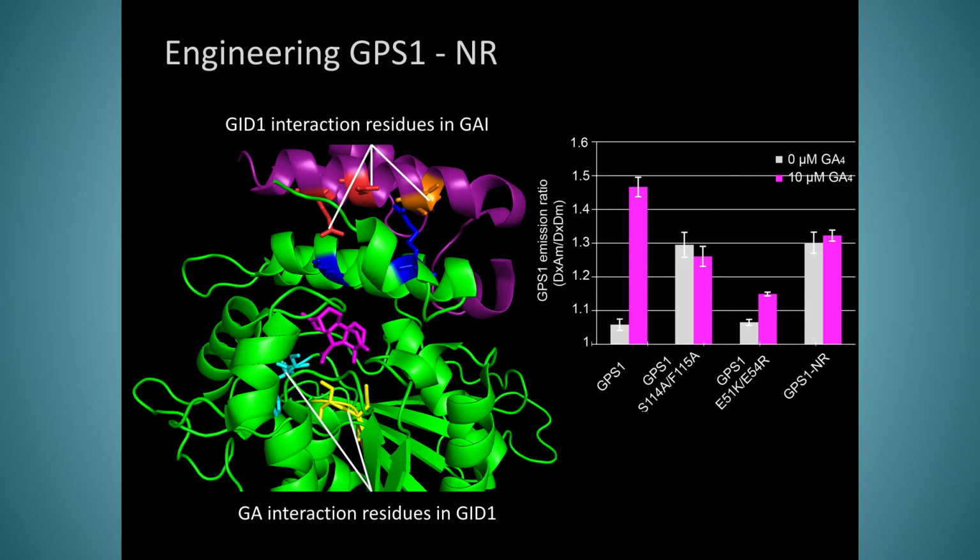So we want to make a completely orthogonal sensor that's non-responsive. If we only mutate the GID1, the DELLA domain could be available to interact with endogenous GID1s. And if we only mutated the DELLA, vice versa. So in order to get a completely NR sensor, we had to put both types of mutations in one protein. And that's GPS1NR.